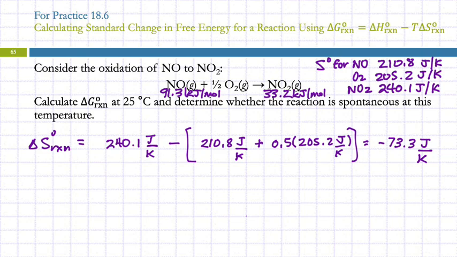And what's the heat of formation for O2? 0. So delta H will be the product, kilojoules per mole, minus the reactants. One of them is 0, so just minus the other one.